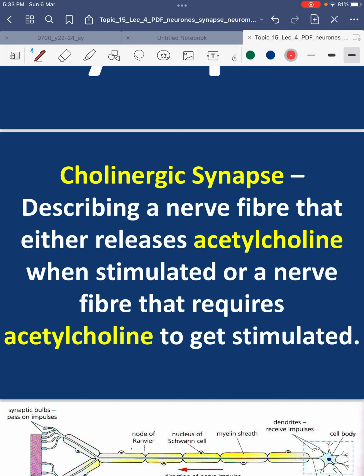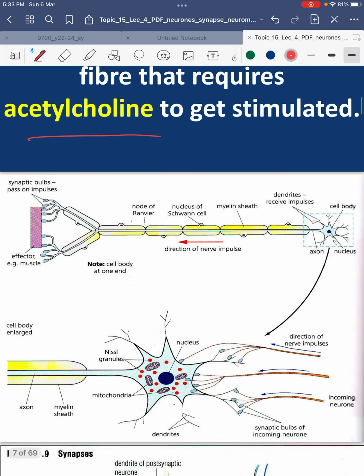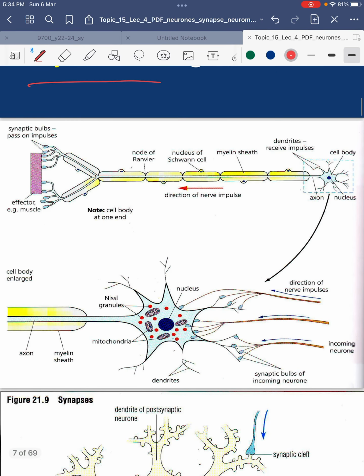Those neurons that release acetylcholine are known as cholinergic synapse, because either the nerve secretes acetylcholine, or the nerve is stimulated because of acetylcholine.